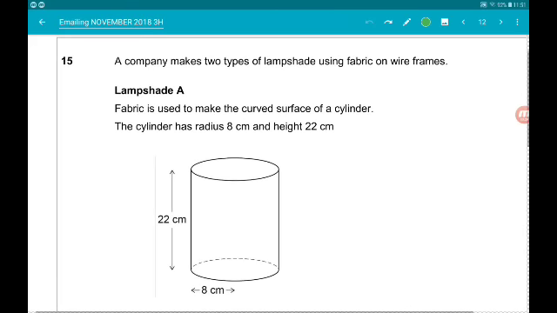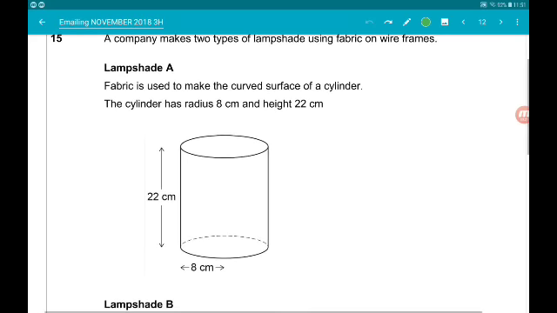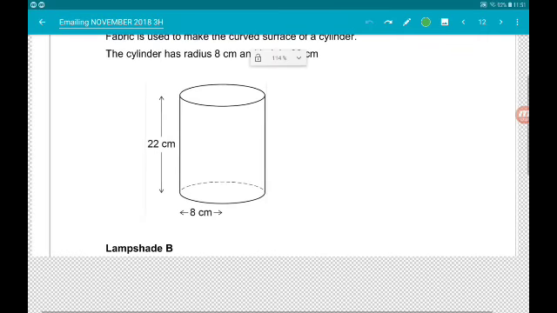Lampshade A is a cylinder. Fabric is used to make the curved surface of the cylinder, so that just means the bit around the middle. So we got a hole in the top and a hole in the bottom. The cylinder has a radius 8 centimeters and height 22 centimeters.